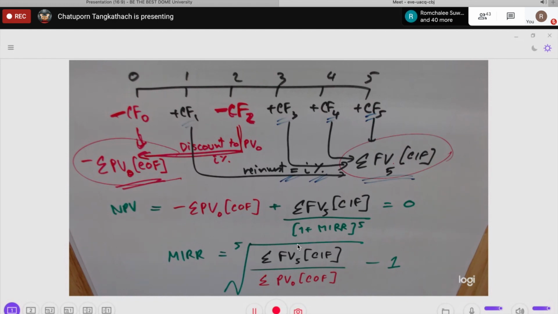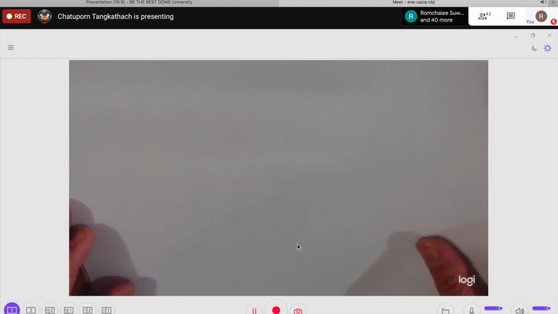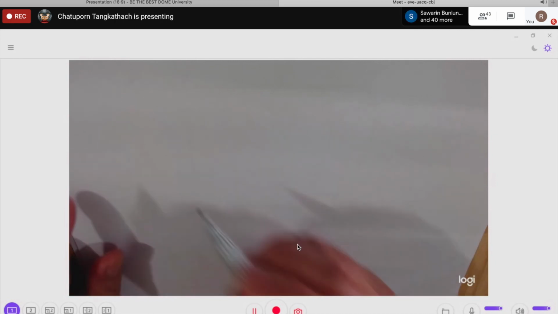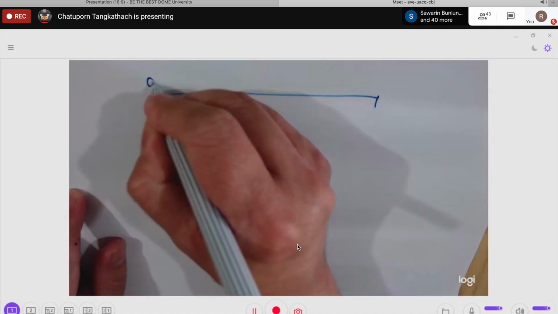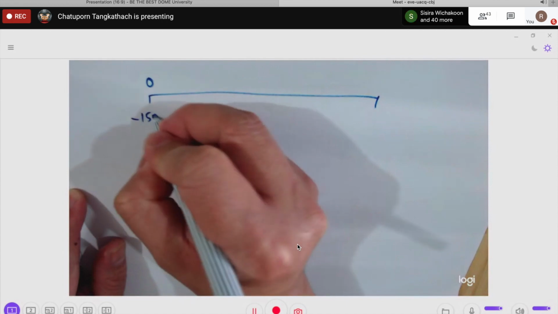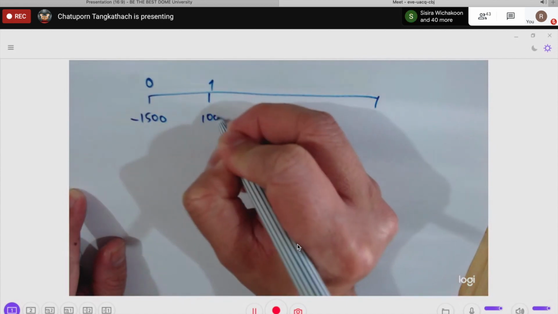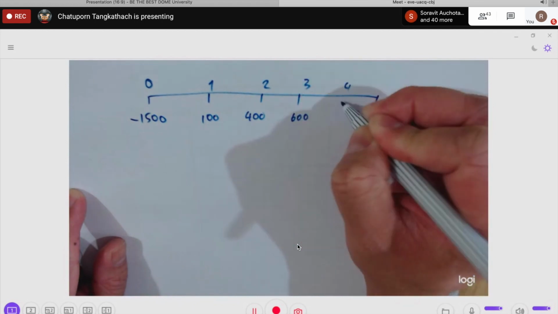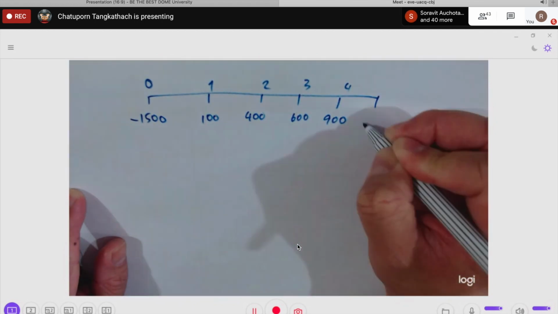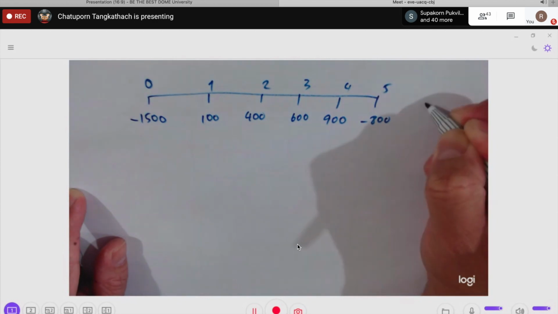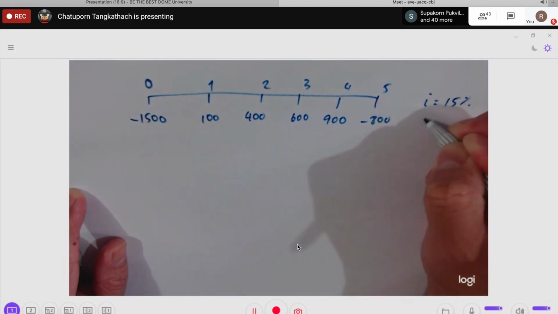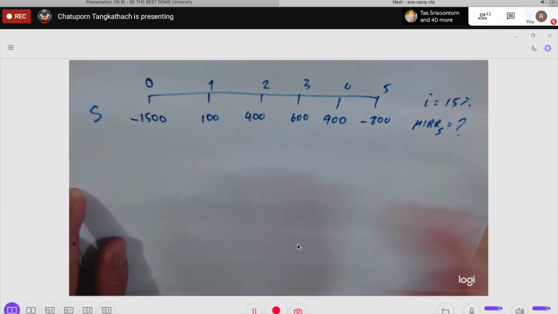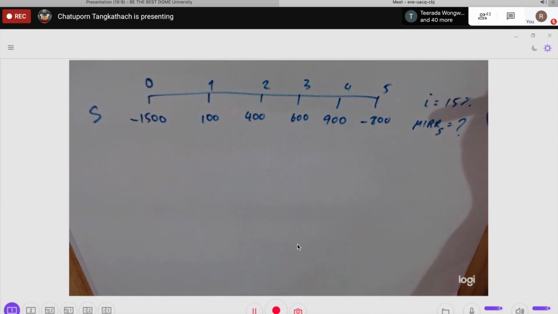So calculate MIRR for project S and read. Like that.